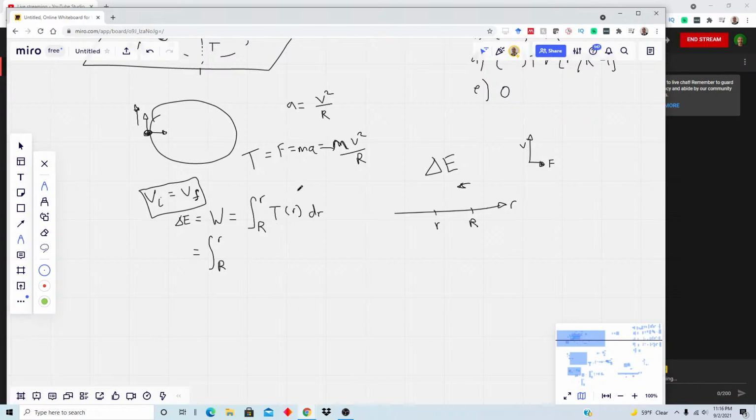And so this tension is equal to this. We'll say mv squared over r. So we'll call this r naught, or we could call this r prime to integrate appropriately. And so if we calculate this, the integral, is this correct? So does v depend on r?